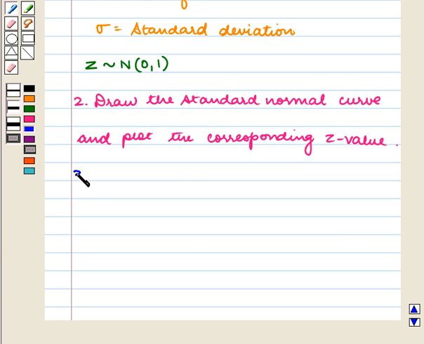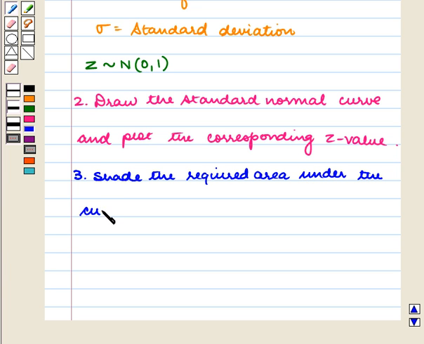The third step is to shade the required area under the curve. After this, the next step will be to see the value from the standard normal table.